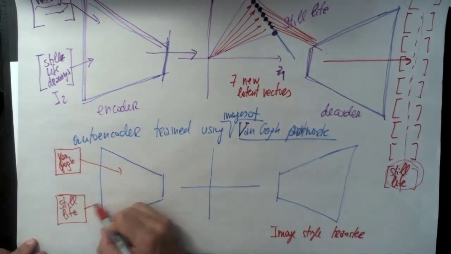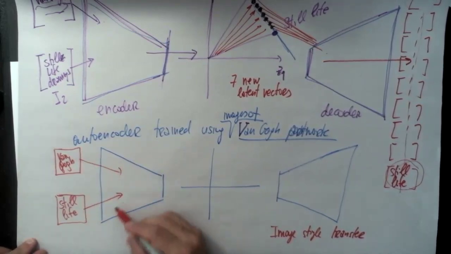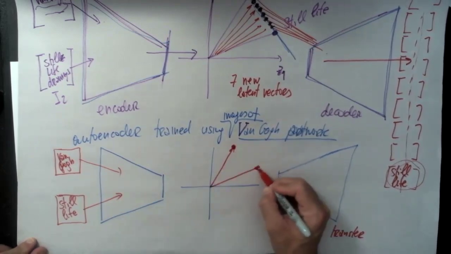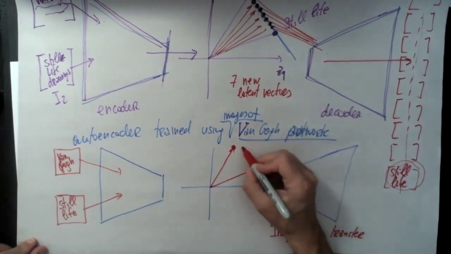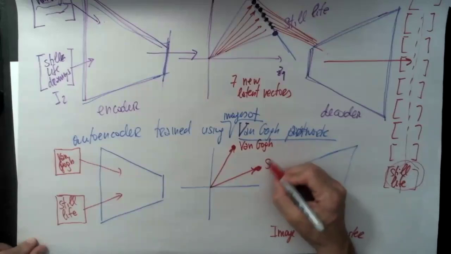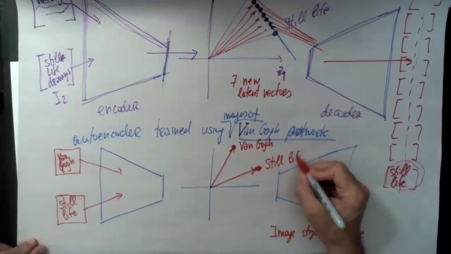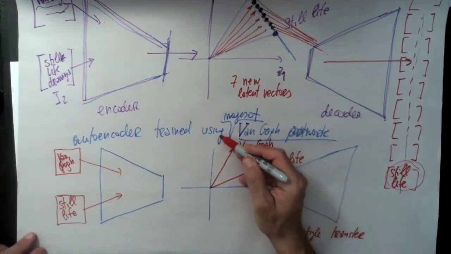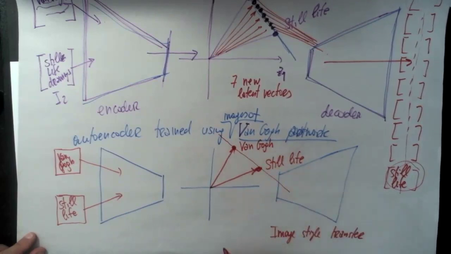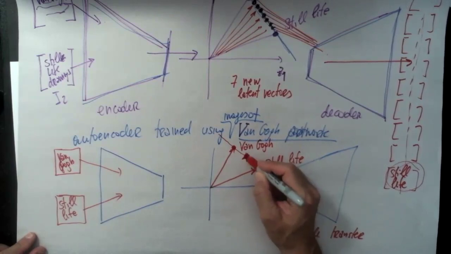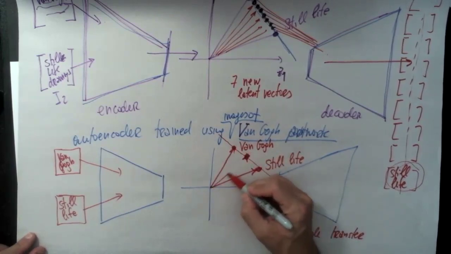So we pass it through the encoder. We're going to get again two latent vectors. So these basically correspond to Van Gogh, and this corresponds to the still life. Now, what we can do is draw the line between these 2 points, and we can take the middle point here, the average between the two.